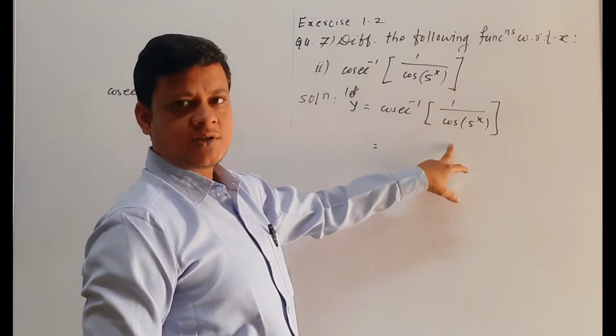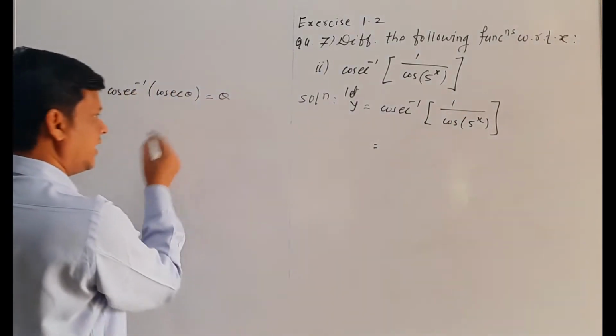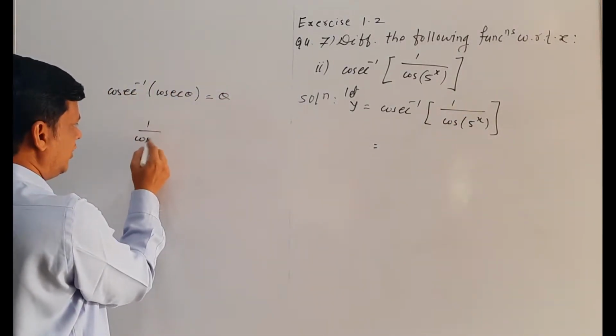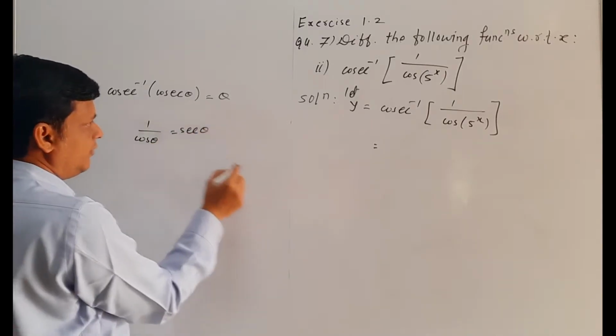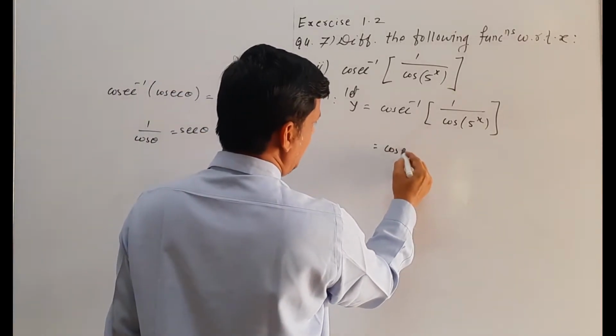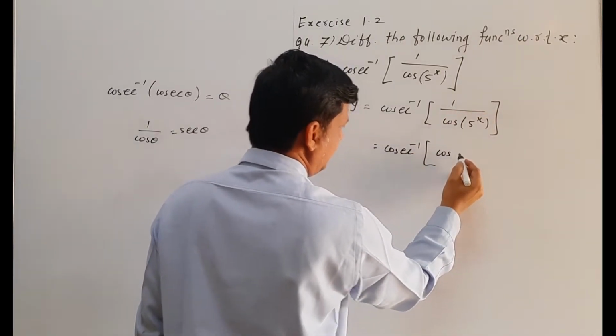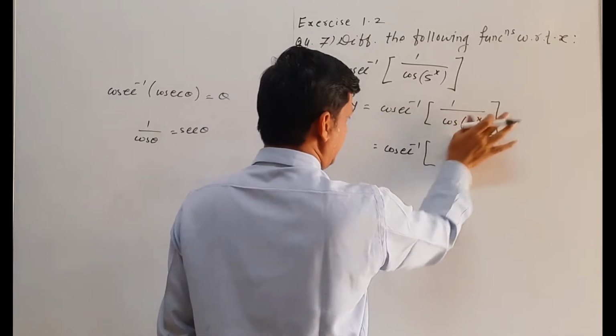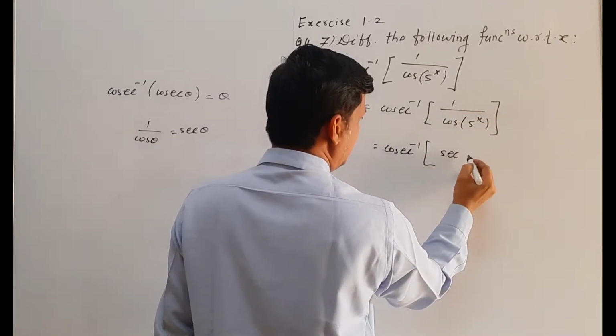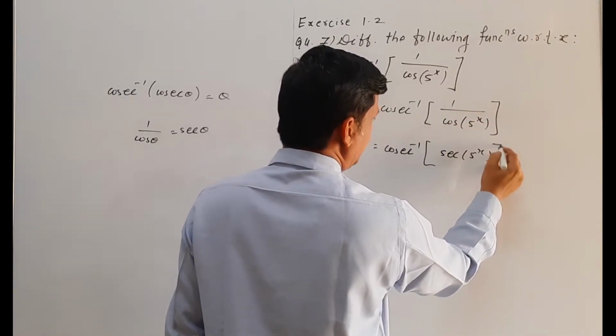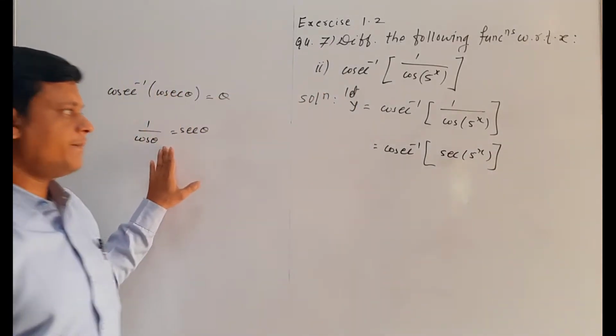So 1 upon cos theta can be written as sec theta. That means we use here the 1 upon cos theta is equal to sec theta formula. So we write here cosec inverse of, instead of 1 upon cos, we write sec, so sec 5 raised to the power x using this formula.